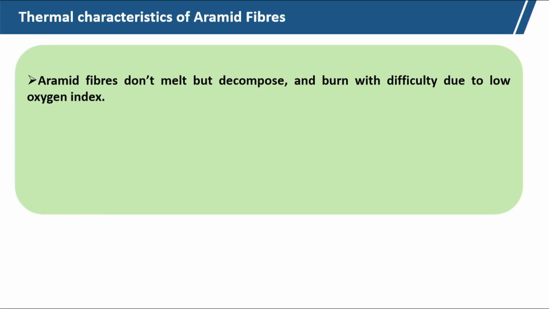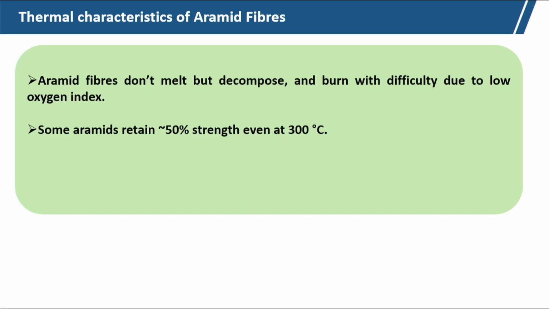As far as thermal characteristics are concerned, para-aramid does not melt, but decomposes and burns with difficulty due to low oxygen index. Some aramid retains 50% strength even at 300 degree Celsius. So, that is important.